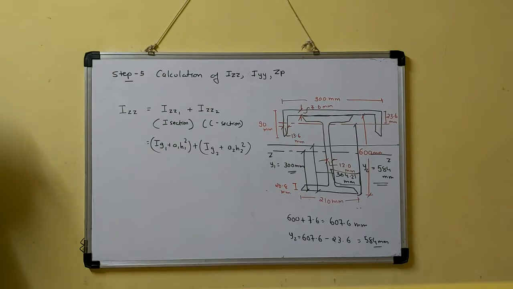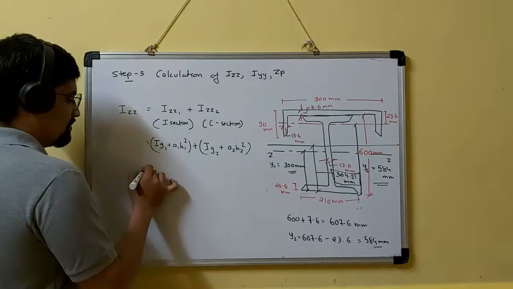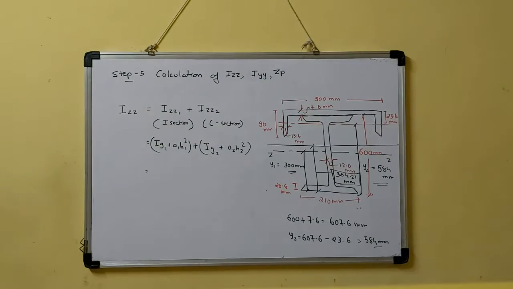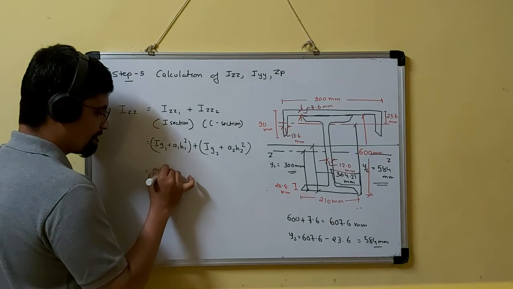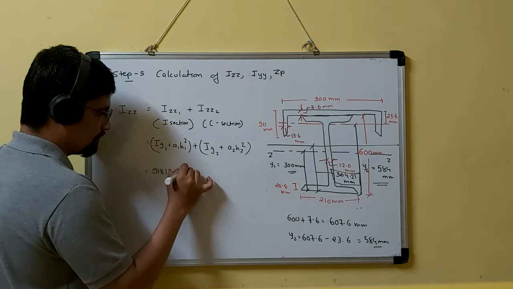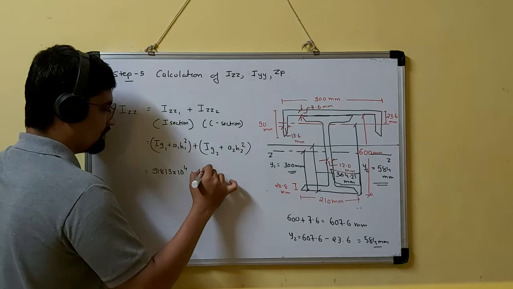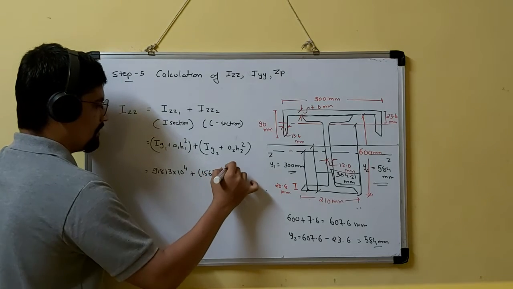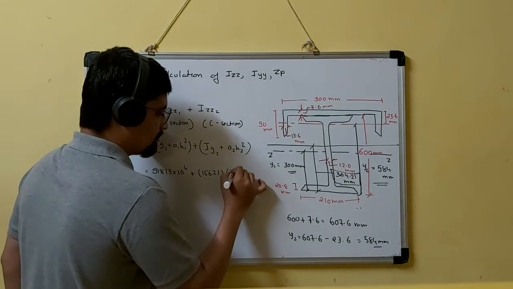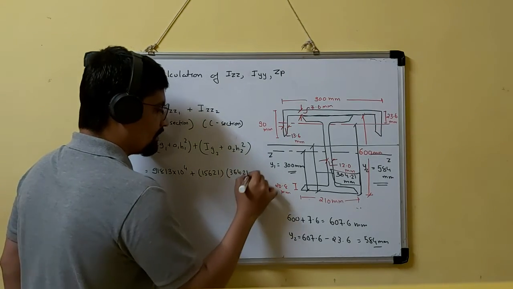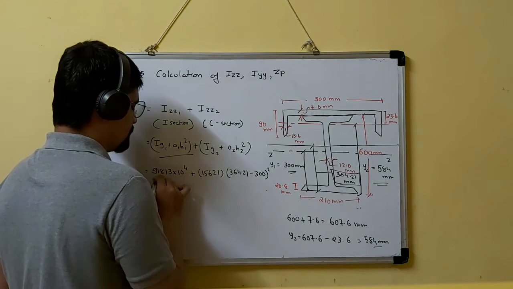Ig1 is the IZZ of the I section, which is 91813 into 10 raised to 4, plus area 1, 15621, into h1 squared. h1 is equal to y bar minus y1, that is 364.21 minus 300, whole squared. This is the whole value of this.